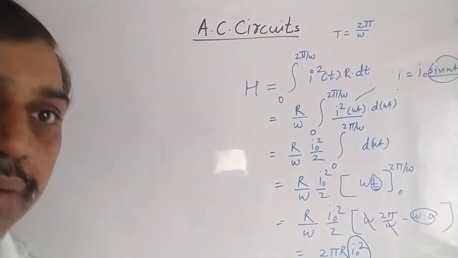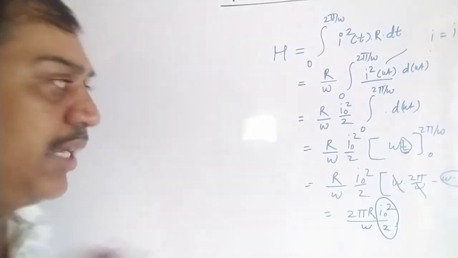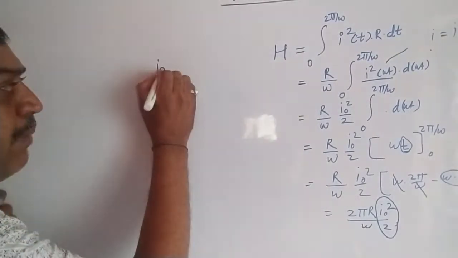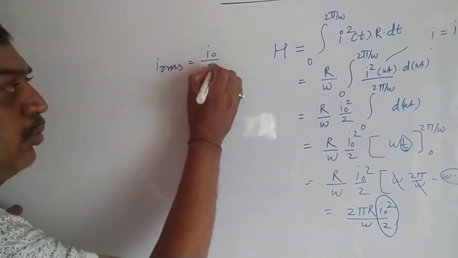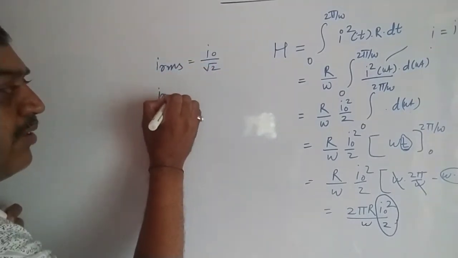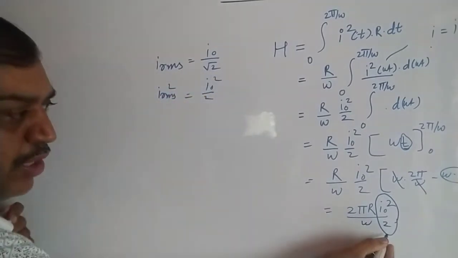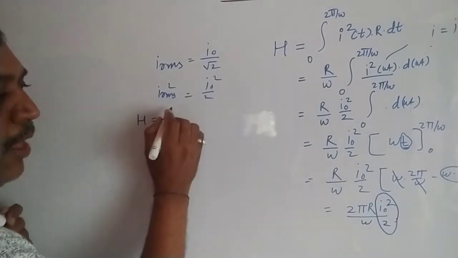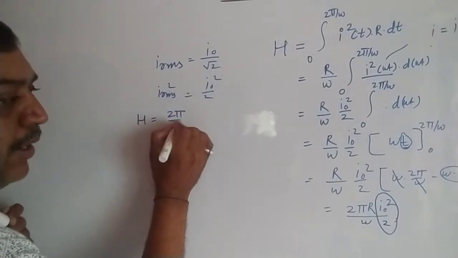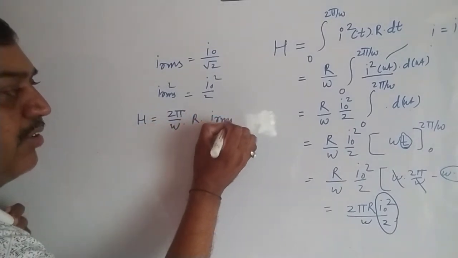If you remember, I0 square by 2 I have written here. As we know, IRMS equal to I0 divided by root 2, so IRMS square equal to I0 square by 2. Putting it here, the amount of heat produced is 2 pi by omega into R into IRMS square.